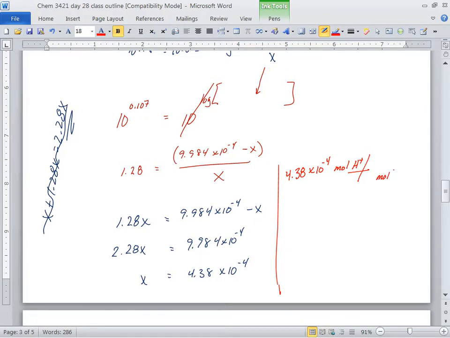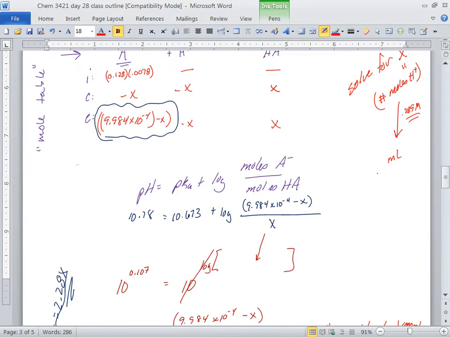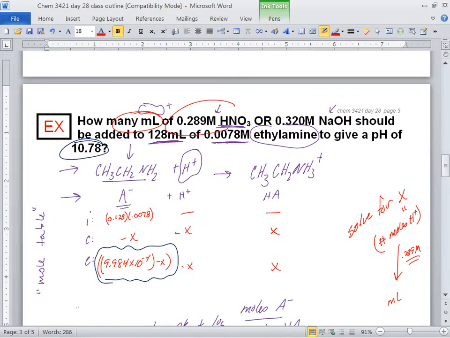If I don't write it out, I end up screwing it up half the time. Look up in the problem to see what the molarity is. Right? And we're adding acids. That's the 0.289.